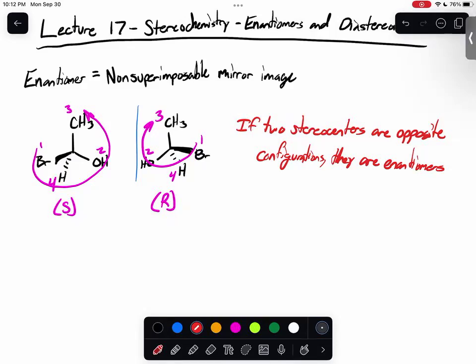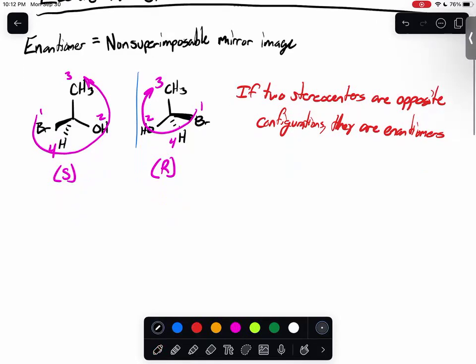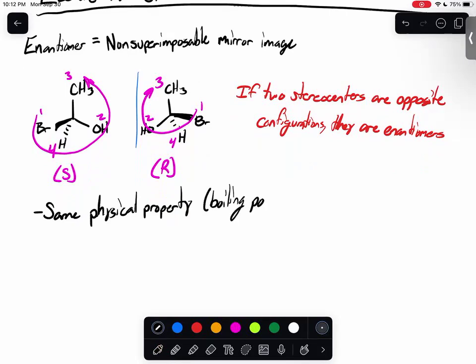Okay, and so these enantiomers, these non-superimposable mirror images, have the same physical properties, right? If you think of a physical property, this will just be another flashback to Gen Chem, we're talking things like boiling point, melting point, density, stuff like that, right?